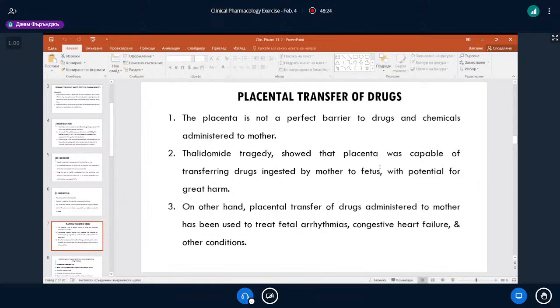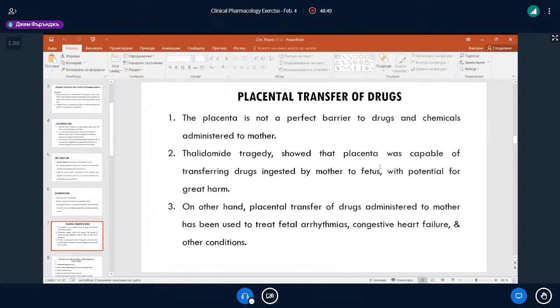But because of this drug, and because of the fact that no one expected teratogenic effects, it was a tragedy because a lot of children were born with different malformations, usually involving the upper and lower extremities.